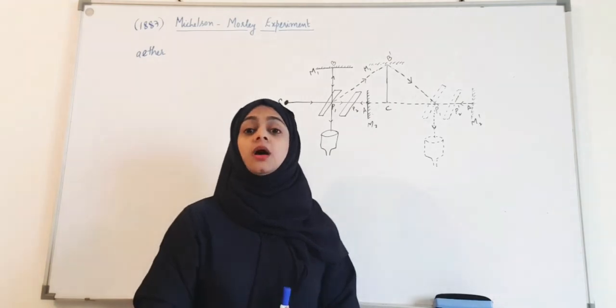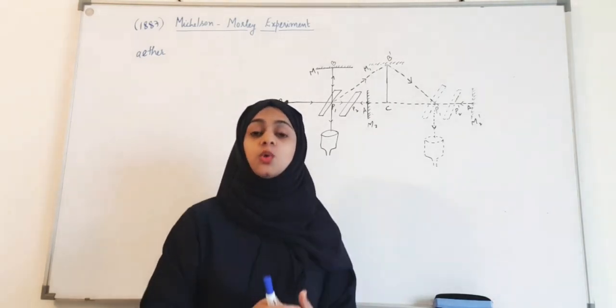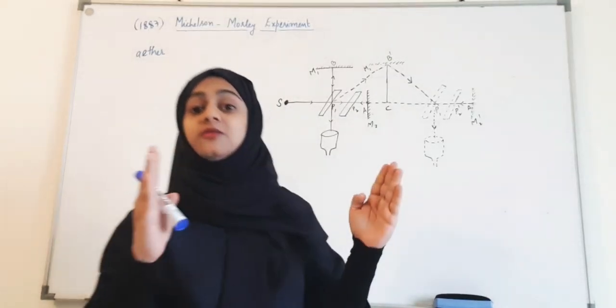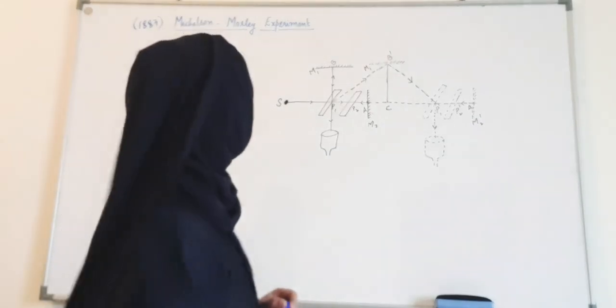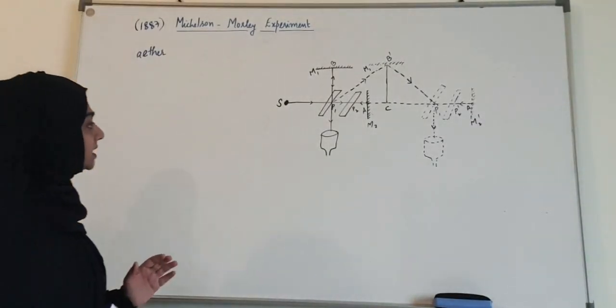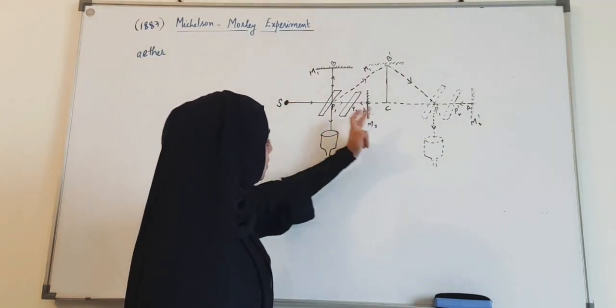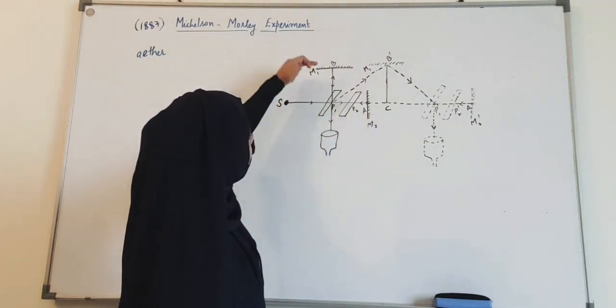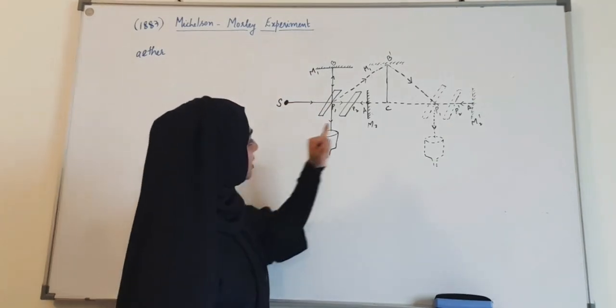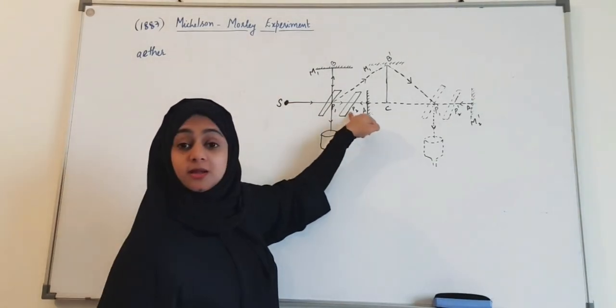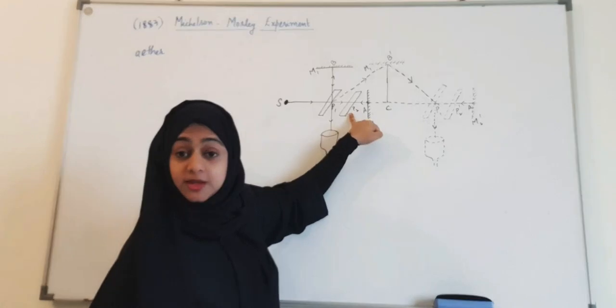Let us see how much will be the path difference between these two waves. For that, let us consider the light ray which goes to mirror M2 and comes back, and the light ray that goes up and comes back. Here you can see another plate P2. Why is it kept there?